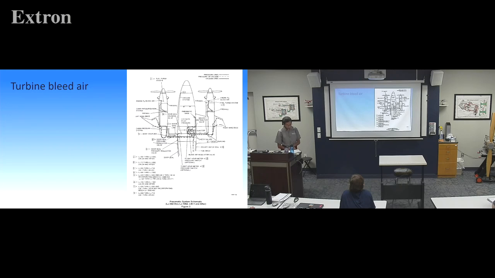And what all sorts of things do we use bleed air for? Starting other engines. Pressurization, cabin pressurization. Heating.